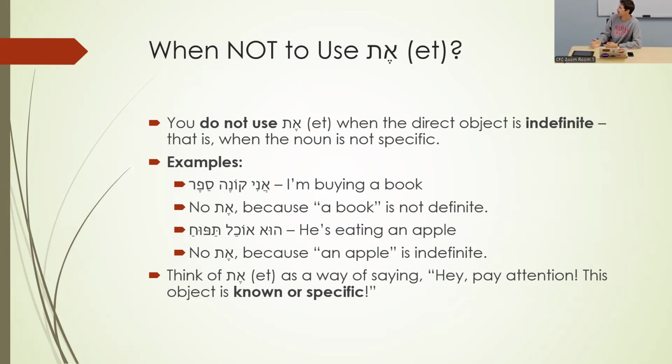Okay, so think of et as a way of saying, pay attention, this object is known, it's specific. Okay, so specificity is kind of the hallmark of this part of it.